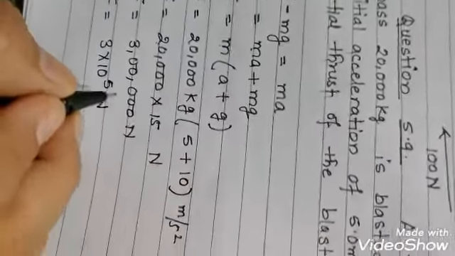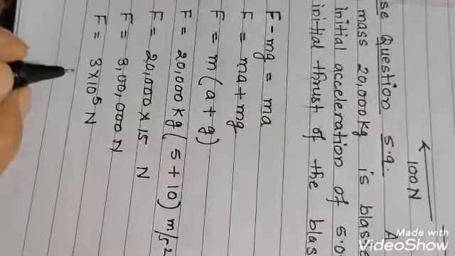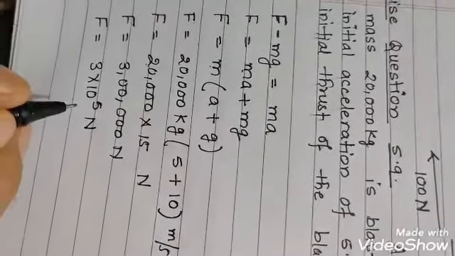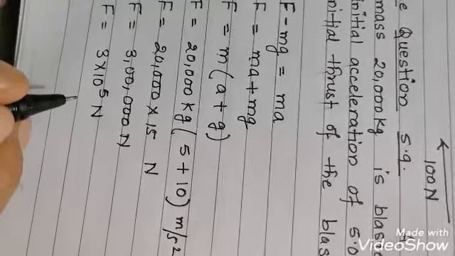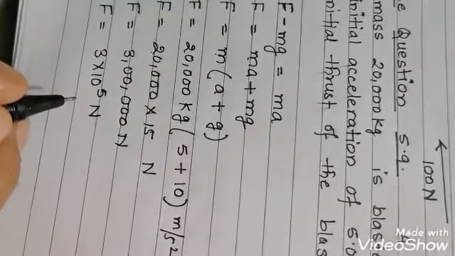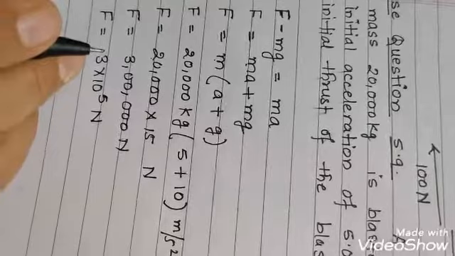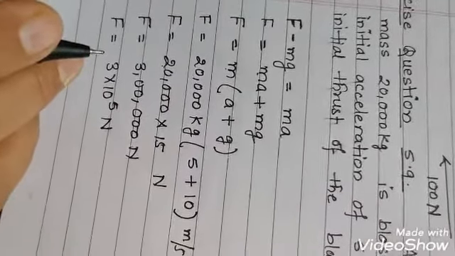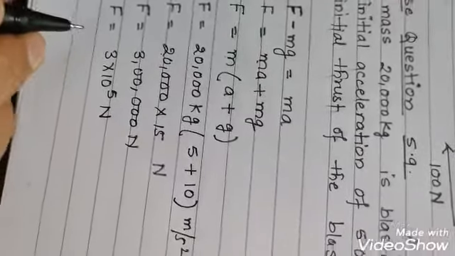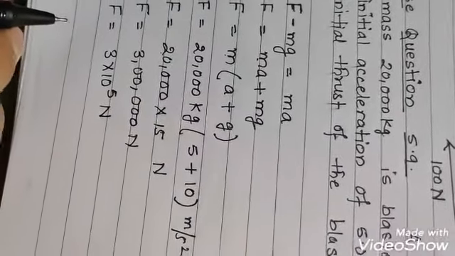So 3 into 10 to the power 5 Newton is the initial thrust or initial force required to lift off the rocket, which has the initial mass 20,000 kg.